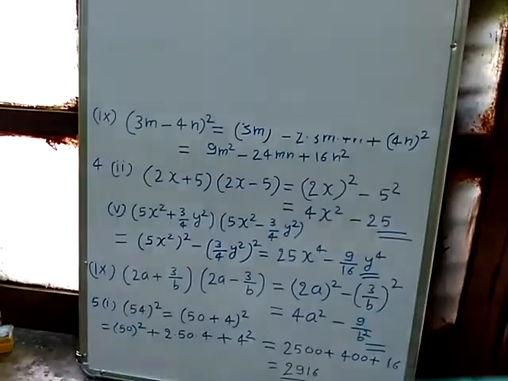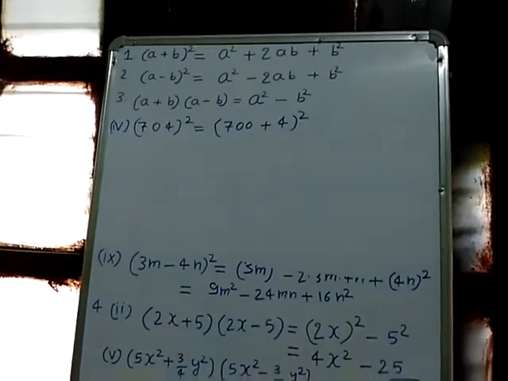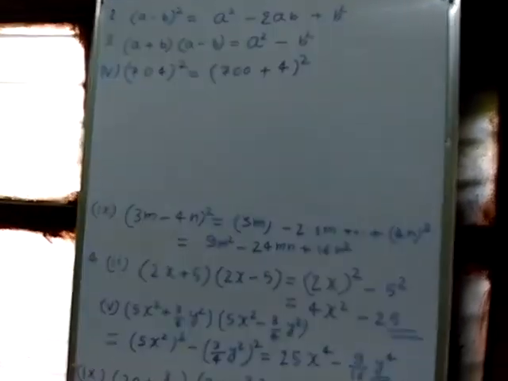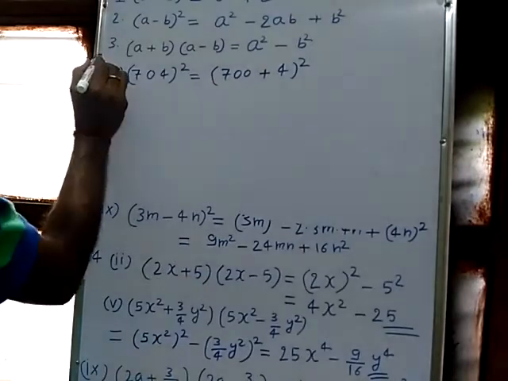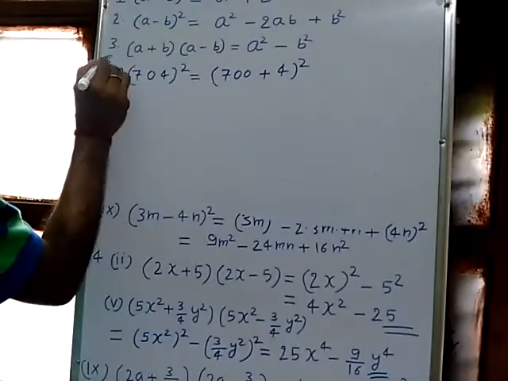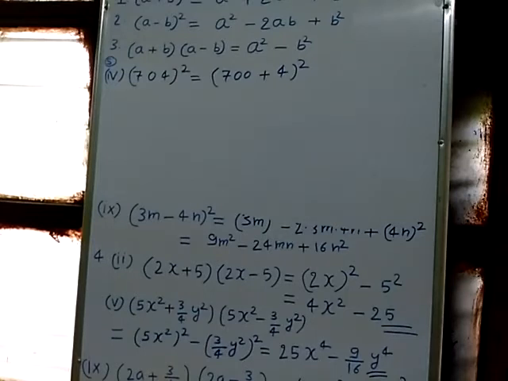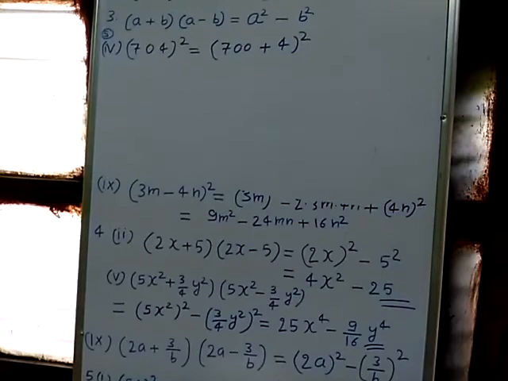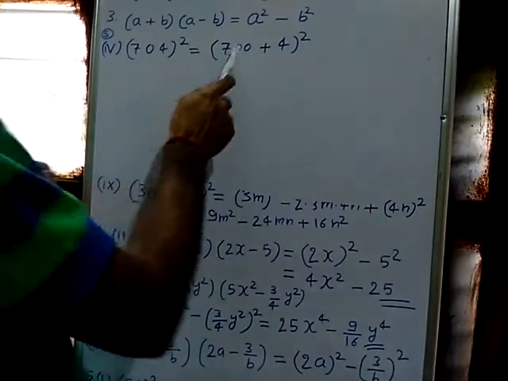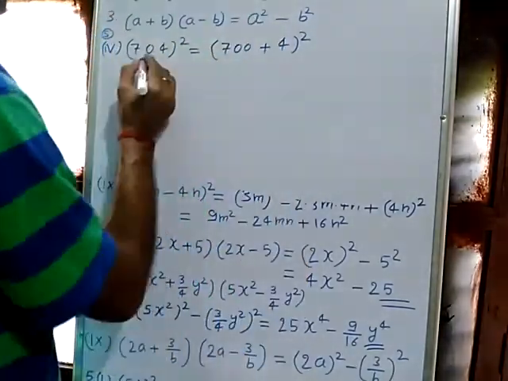So I am going to solve question number 5, its fourth part: find the value of 704 the whole square. 704 can be written as 700 plus 4 its whole square. So use the identity.